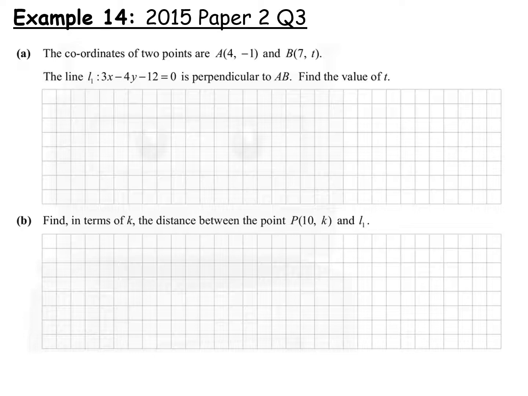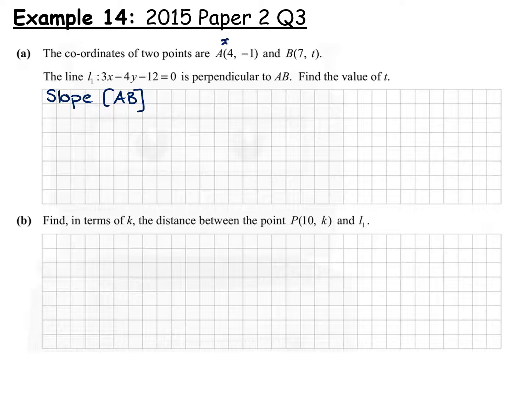So our next exam question we're going to look at is the 2015 paper 2 question 3. It gives us the coordinates of 2 points, A and B, which contain a t. The line L1 is perpendicular to AB, so find the value of t. The first thing we're going to do is find the slope of AB.